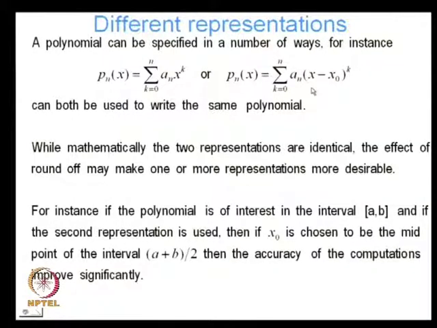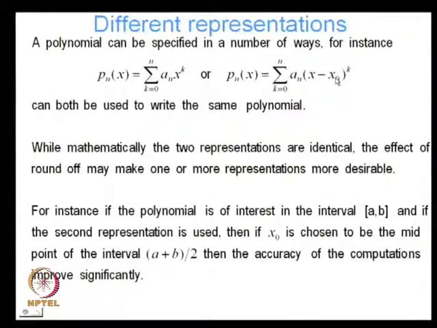If I use this approximation to represent a function over an interval [a, b], and I choose x0 to be the midpoint, the round off errors due to this approximation are significantly less than due to the other one.